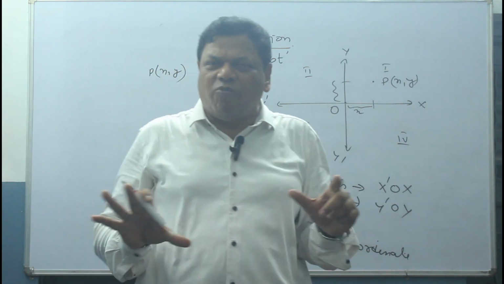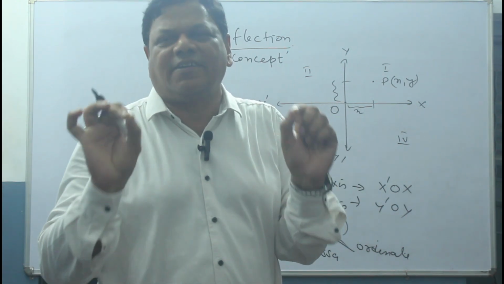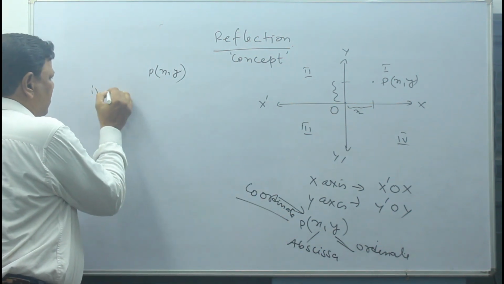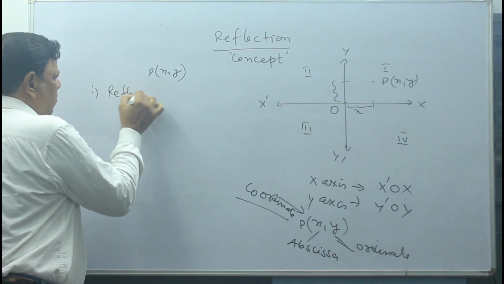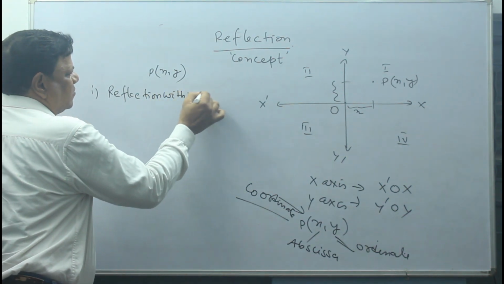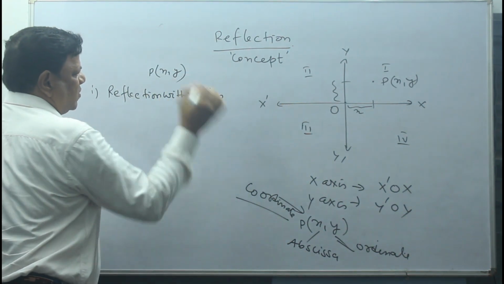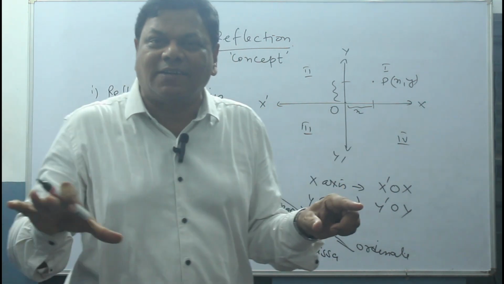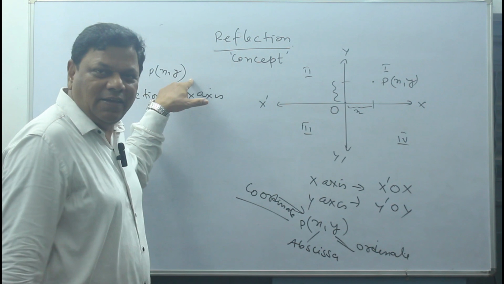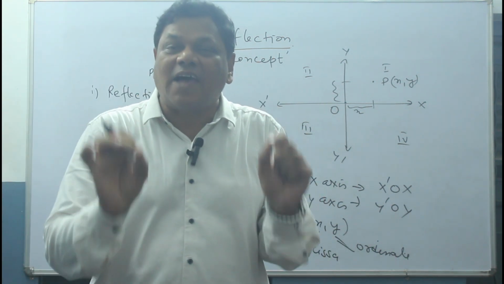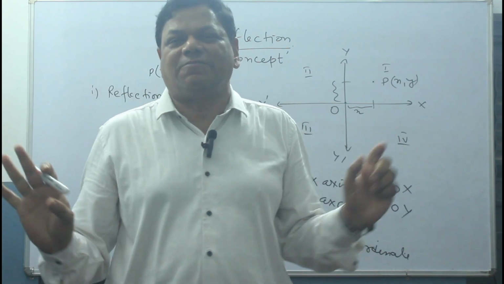Now I am writing the formula so that we can easily understand. Number 1, reflection with x-axis. Reflection with x-axis means the x-axis is the mirror. What is the point? P(x, y). Whenever there is reflection with the x-axis, the sign of y will change.